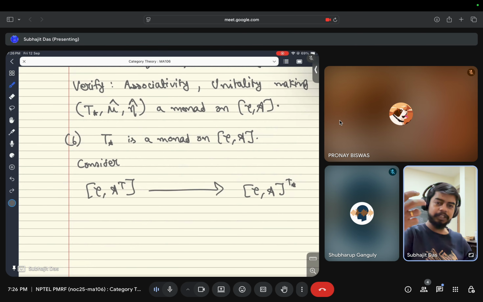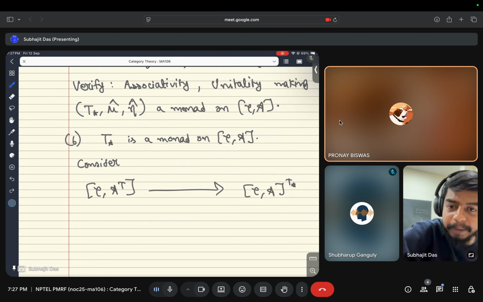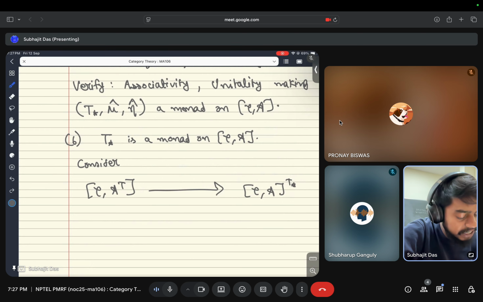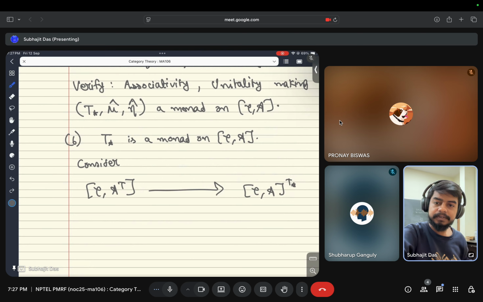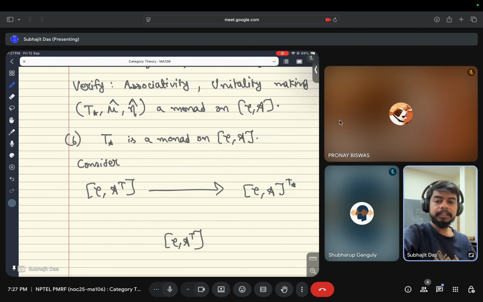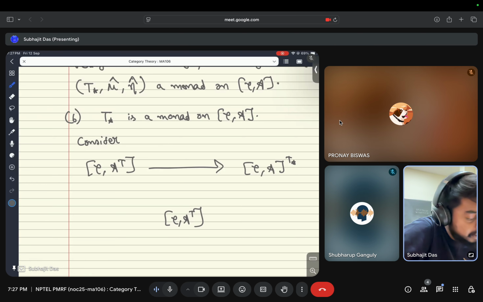For every adjunction that you have, you should have a functor from the domain of the right adjoint to this Eilenberg-Moore category of the monad generated by that adjunction. So, what is this functor called? That's the comparison functor. So what I'm claiming is this functor should be a comparison functor for some adjunction. What adjunction can we take that actually induces this comparison functor? So whatever that adjunction is, this should be the domain of the right adjoint, right? And whatever that adjunction is, that adjunction should generate the monad T star.